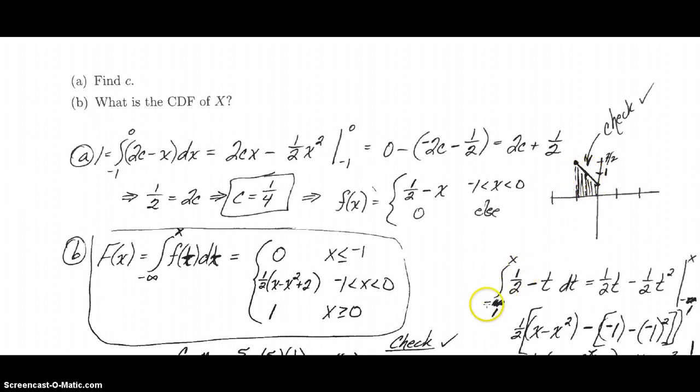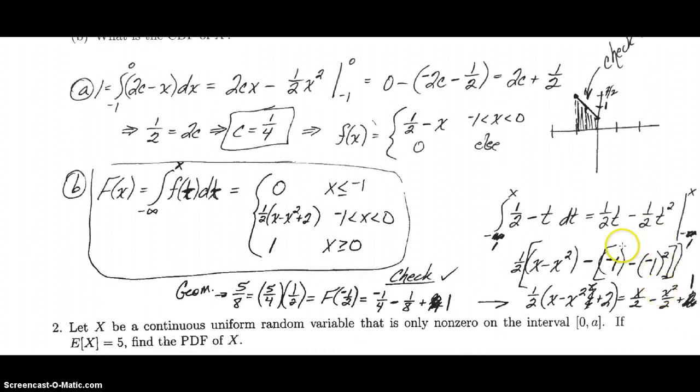To do that, we have to integrate from -1 to an arbitrary x. This function, I'm just using t and dt here to not get it confused with this x. And we integrate that. It gets a little bit messy here because we have this -1 at this point.